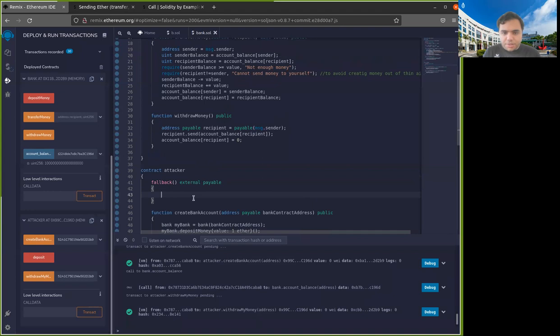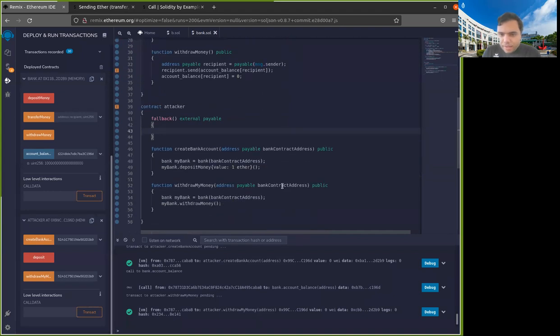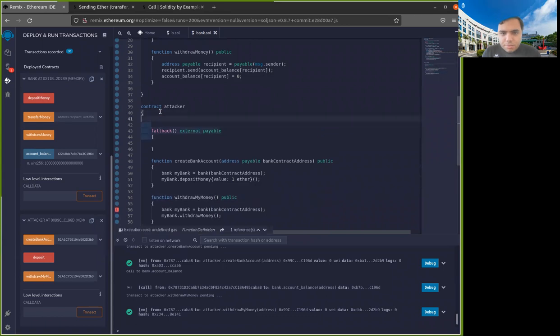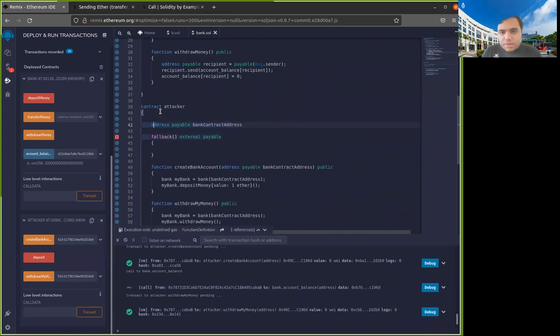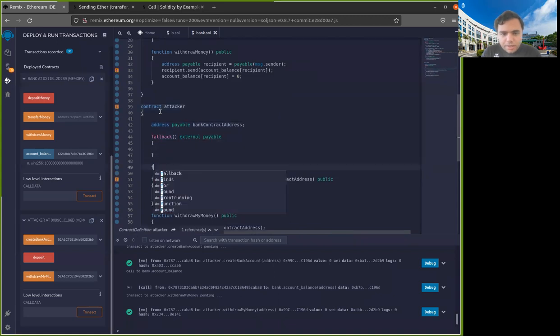So I can just say, actually, let me put this bank contract address up here. Let me have a function just called setBank.